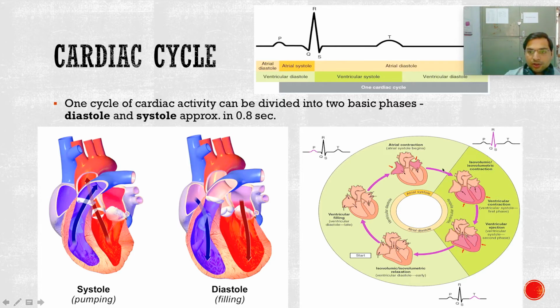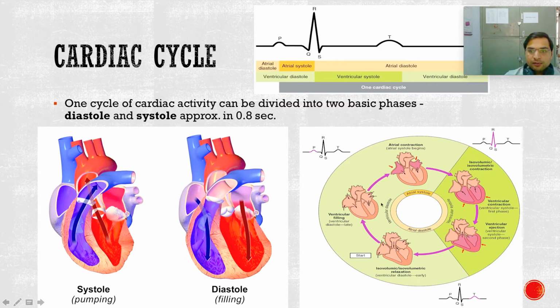Right, let us come to the outer ring. The outer ring is the ventricular systole, when the ventricles contract and push the blood into the aorta and into the pulmonary artery. Ventricular systole is approximately 0.3 seconds, and ventricular diastole is approximately 0.5 seconds.